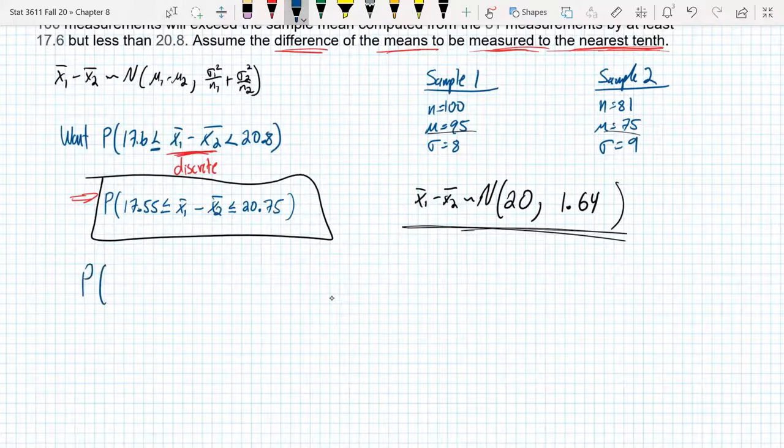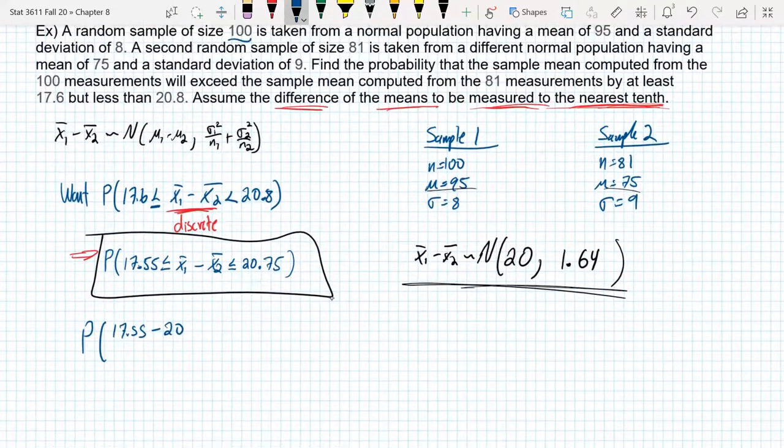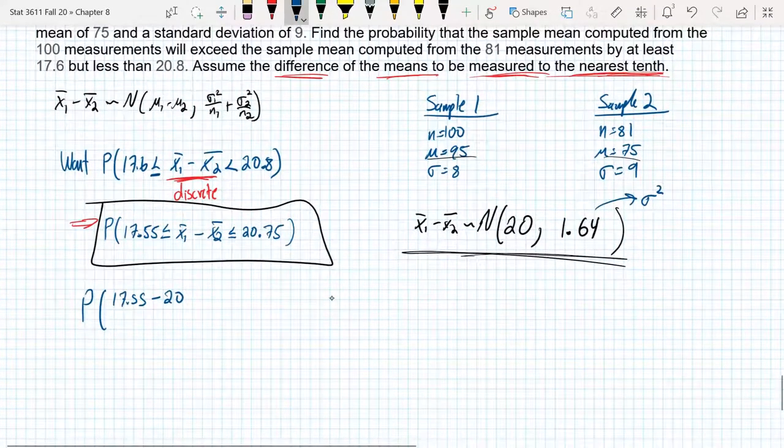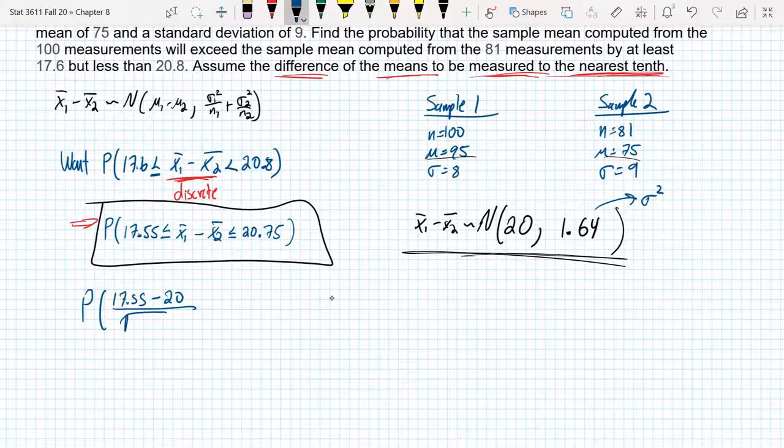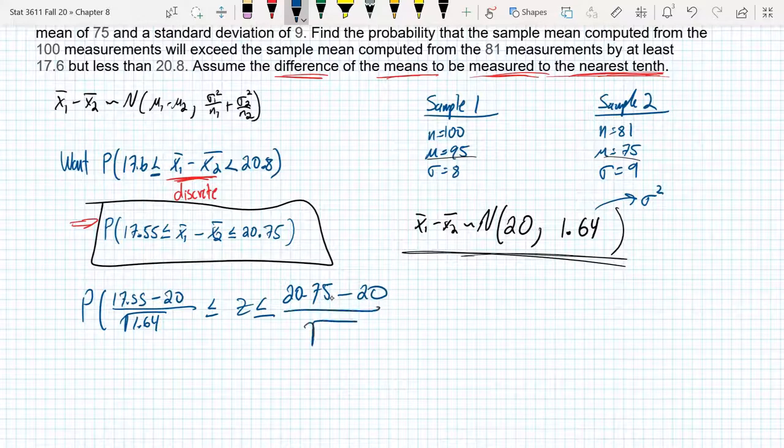So we're going to have 17.55 minus 20. Remember, the way we wrote this out, 1.64 is our variance, that's our sigma squared, so we divide by the square root of 1.64. For the standard normal random variable, 20.75 minus 20 over the square root of 1.64.